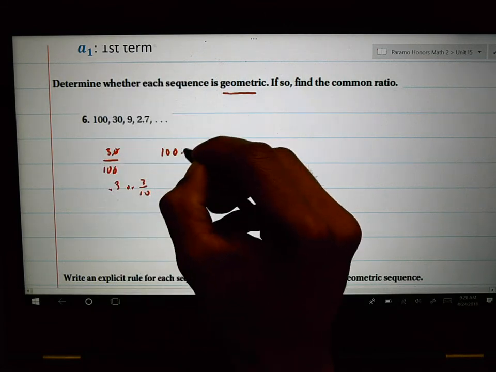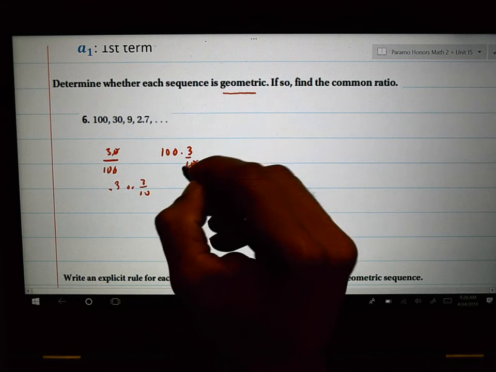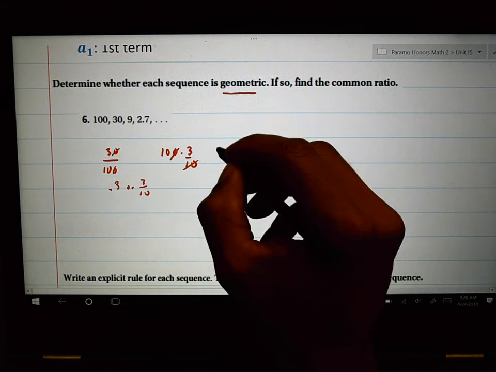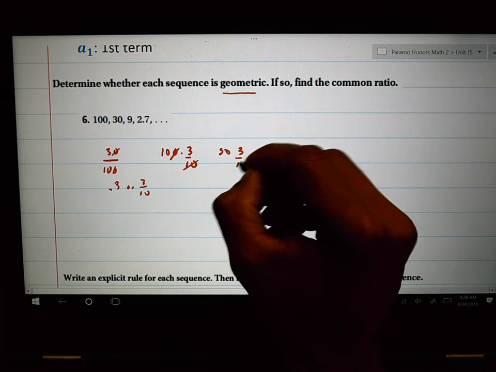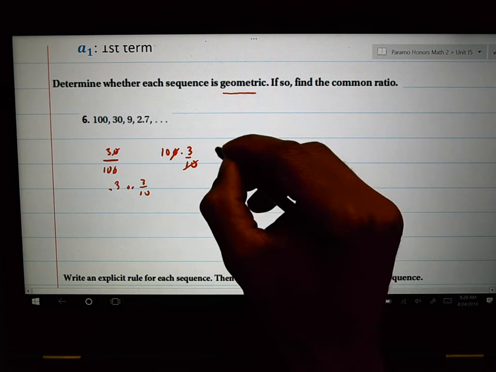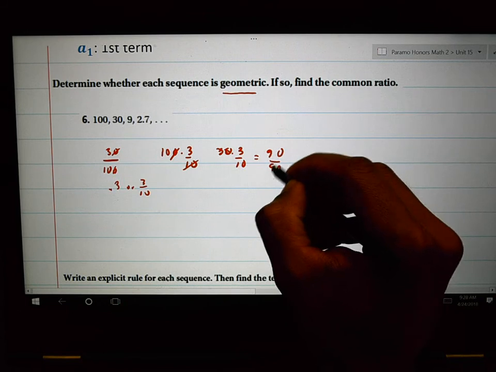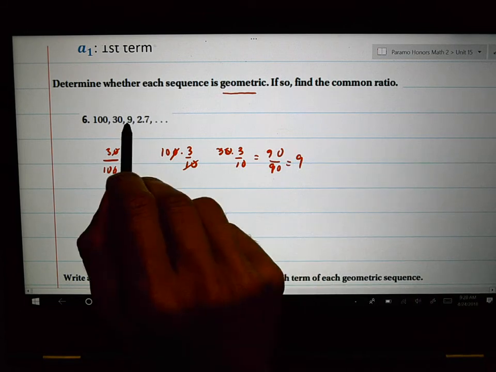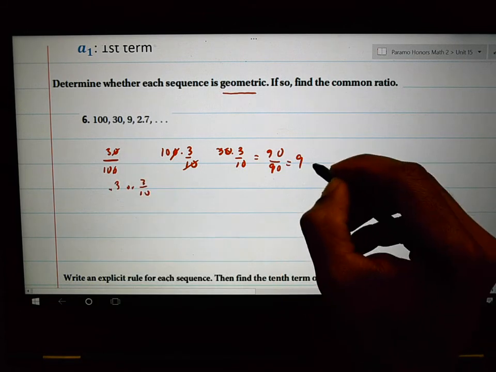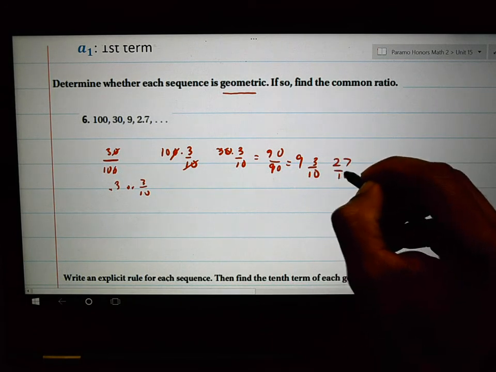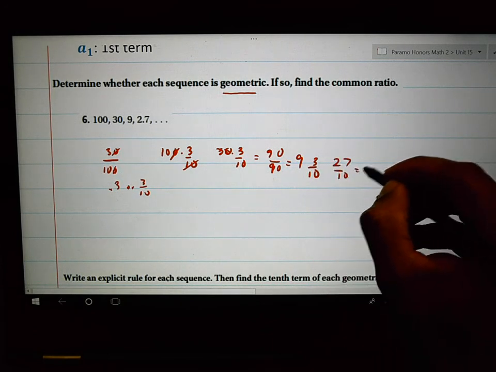100 times 3/10. 10 goes into there one time. 10 is 30. 30 times 3/10 is 90/10 or 9. Okay? 9 times 3/10 is 27/10 or 2.7.